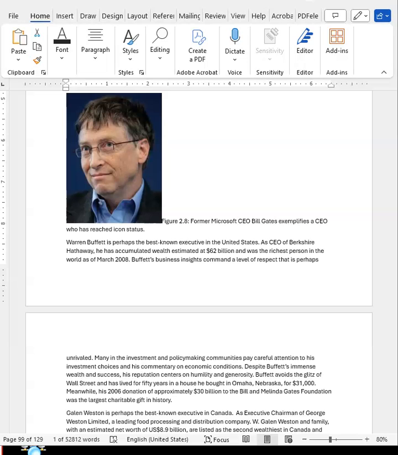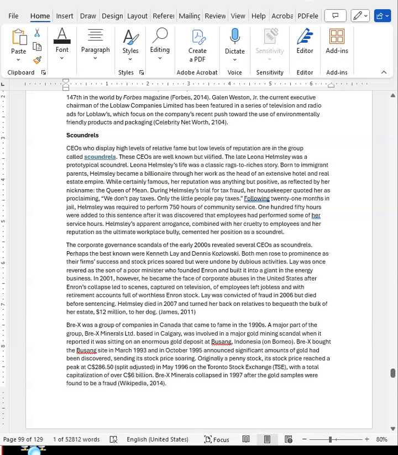Galen Weston is perhaps the best-known executive in Canada. As executive chairman of George Weston Limited, a leading food processing and distribution company, Galen Weston and family, with an estimated net worth of $8.9 billion, are listed as the second wealthiest in Canada and 147th in the world by Forbes magazine, Forbes, 2014.